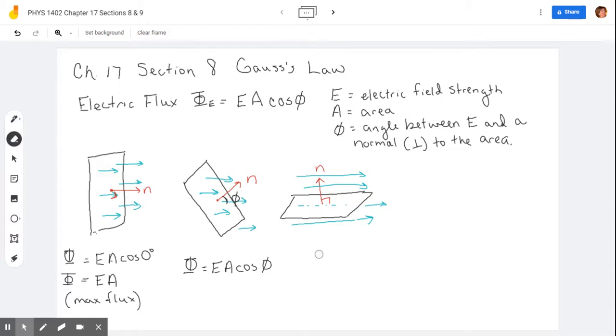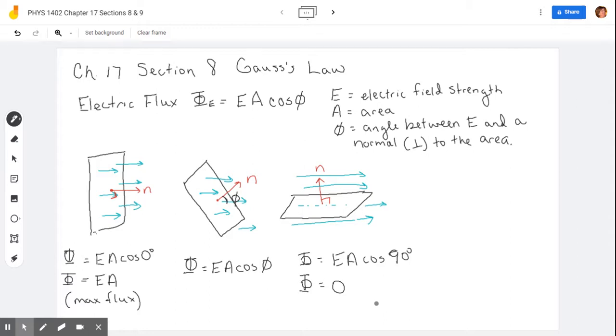So in this case, the flux is EA cosine, and the angle is 90. Cosine 90 is 0, so the actual flux is 0. There would be no lines of electric field that would penetrate through a surface oriented in that direction.